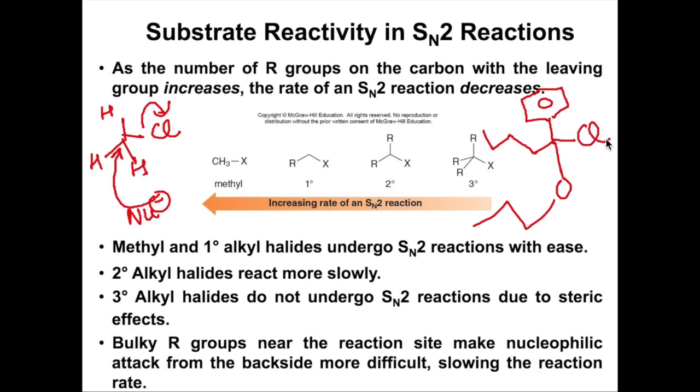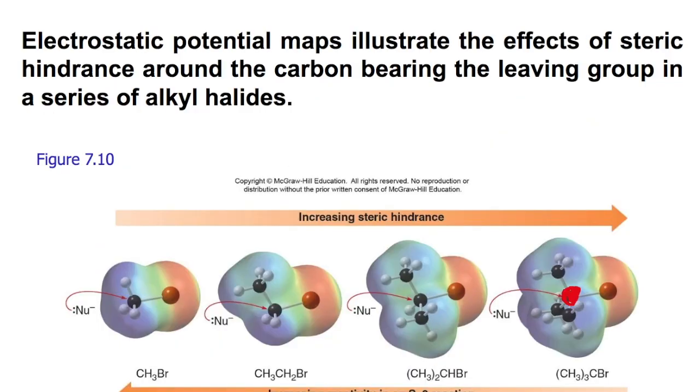So here I have my leaving group. If the nucleophile tries to reach here, it's going to be hard because it's crowded. So the less substituted my substrate is, so a methyl, primary, secondary, the better for SN2 reactions, because these ones are sterically hindered and these are less sterically hindered.